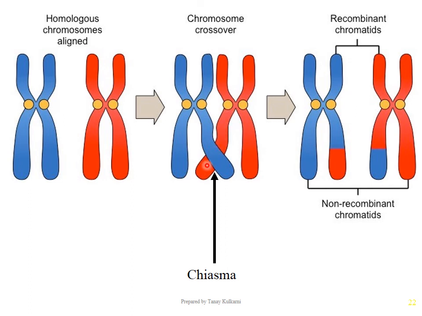This overlapping is called crossing over, and the point where the crossing over takes place is called chiasma. Once the chiasma is formed, the crossing over completes. These two chromatids separate from each other, but once they separate, you can see here the genetic material is exchanged, and because of this exchange of genetic material, we have variation among the organisms.